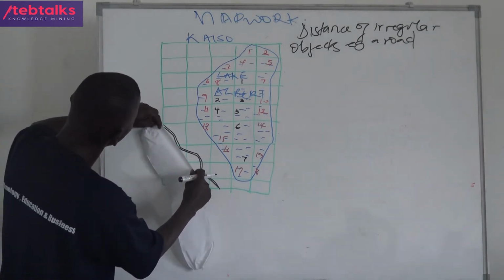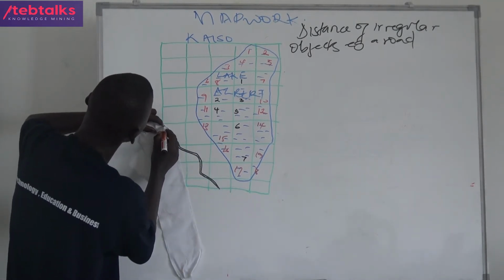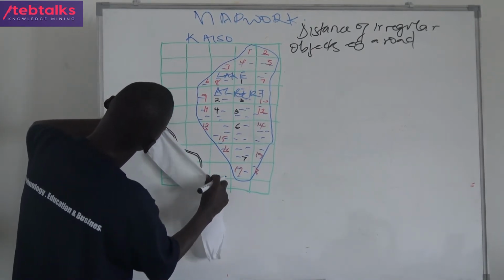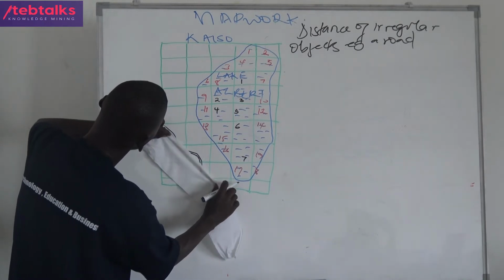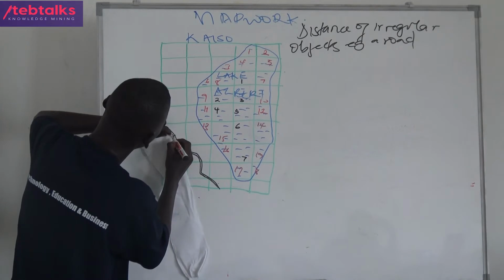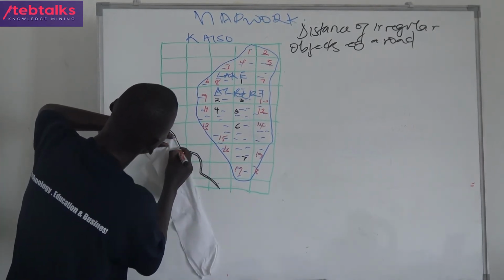So we get our rough paper like this. We mark where we are going to start from. Then after that, go slowly as you follow the route. Mark both on the rough paper and on the map like that.